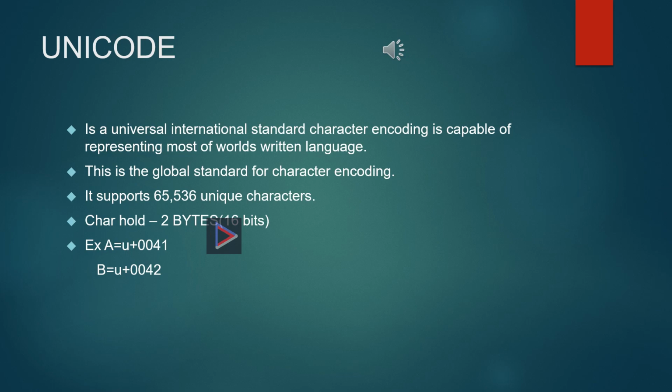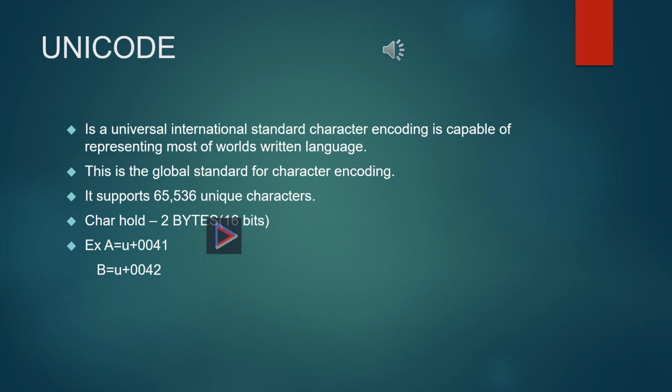For example, the character A has the code U+0041, and B has the code U+0042. The computer uses this code to understand that 0041 means A, and U+0042 means B. In such a way the computer can understand and do the processing for the programmer.